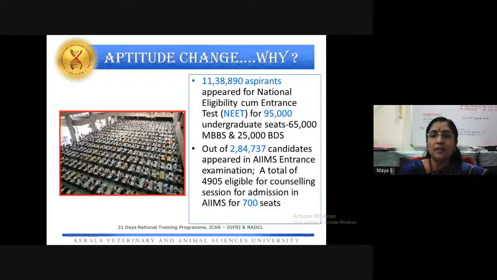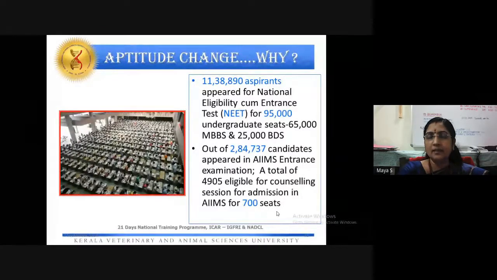So why do we need an aptitude change? Here there is data which represents the result of the National Eligibility Cum Entrance Test, where nearly 12 lakh aspirants appear for the exam and less than 1 lakh will be placed in different seats, and the majority opt for MBBS and BDS, but only nearly 50,000 are placed in those kinds of seats.